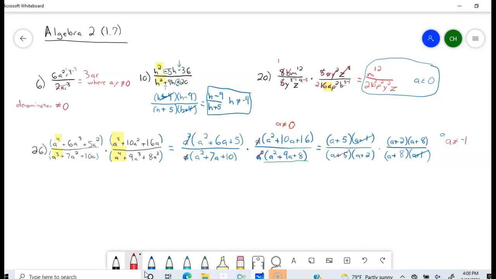This one and this one cancel, so a cannot equal -5. This one and this one cancel, so a cannot equal -8. A plus 2 cancels, so a cannot equal -2.